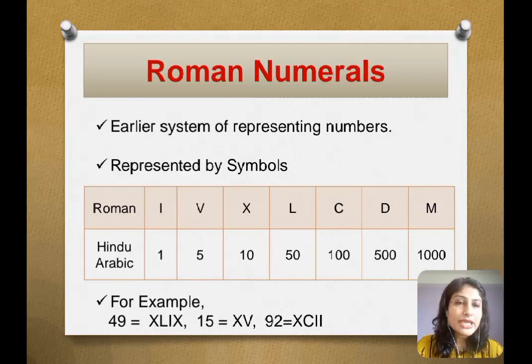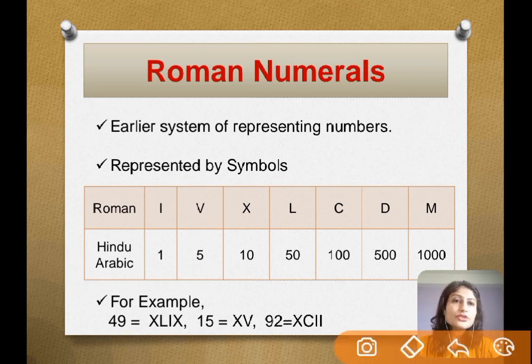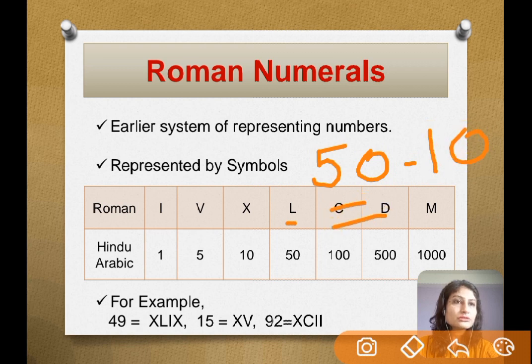Here some of the examples are given. How to represent 49 in Roman numeral? For that, you have to remember that we can use L for 50. So if we can write 50 minus 10 for 40 only, then what to do for 49?